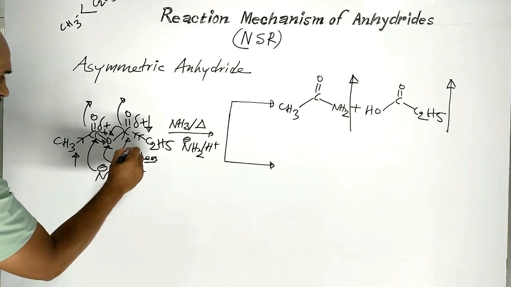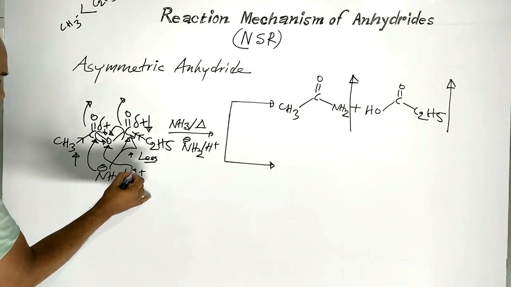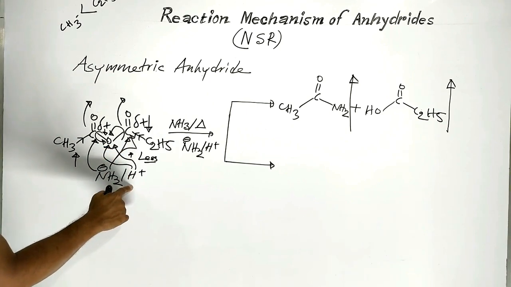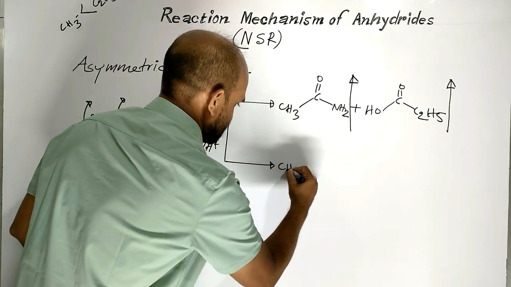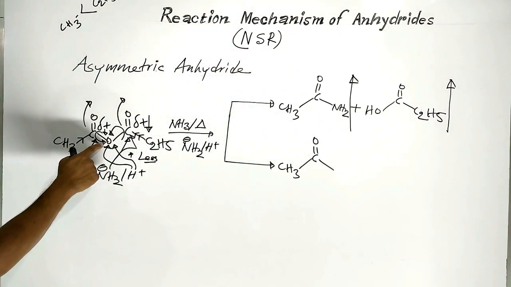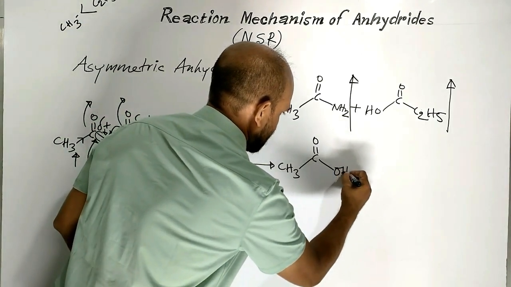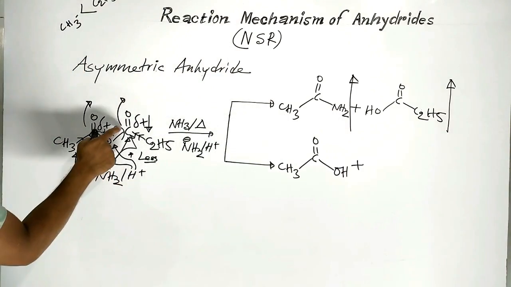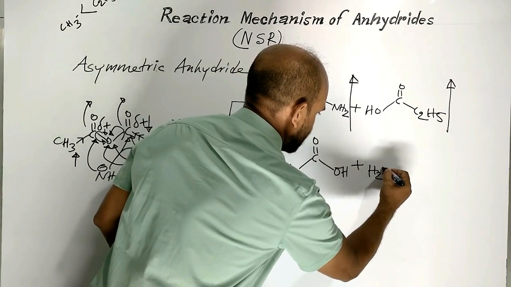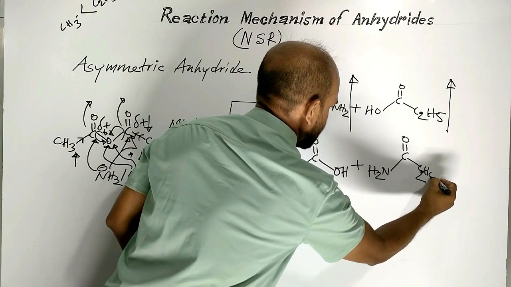That is, the nucleophile is attacking this carbon, this oxygen is then attacked by this proton, and we are getting CH3CO with oxygen hydrogen, plus this carbon with the nucleophile H2N, CO, C2H5.